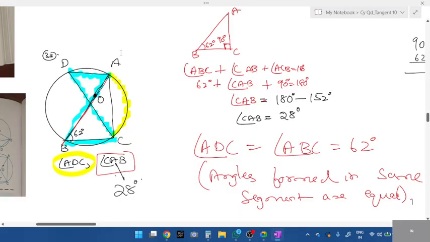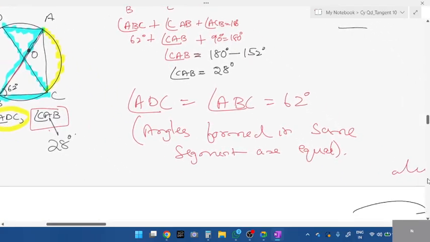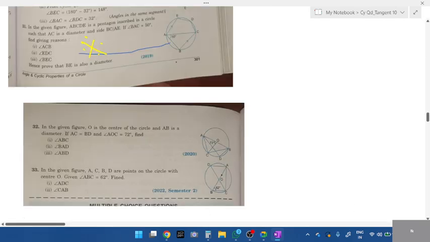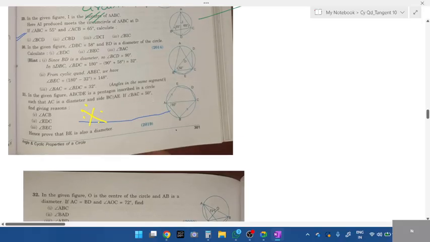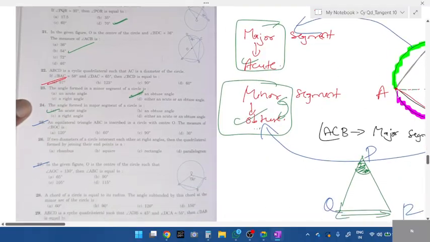Okay, understood how to solve such questions using angle concept? Okay, next we'll start tangent, students. And tomorrow evening I'll make you all solve this 2020, 2019. From 2020 we'll start 2019.